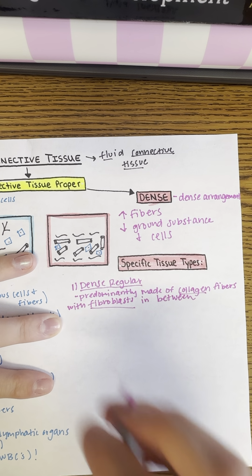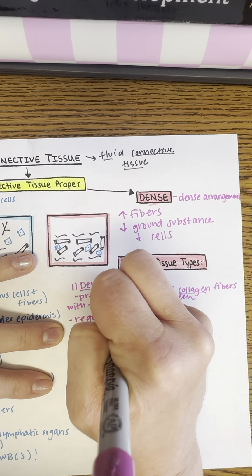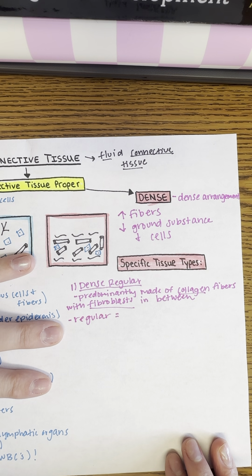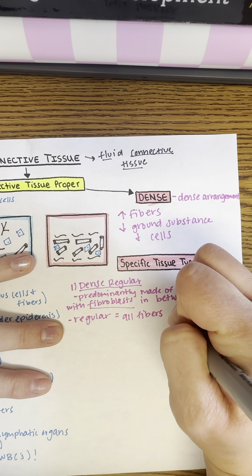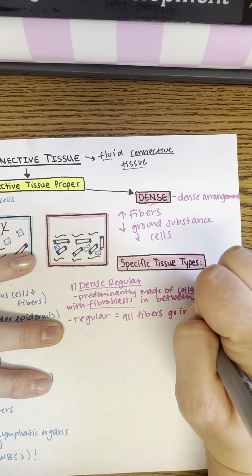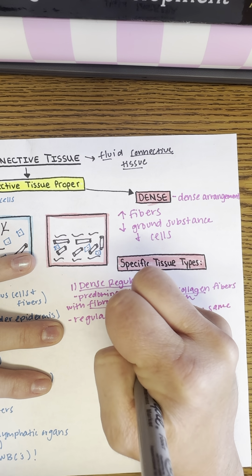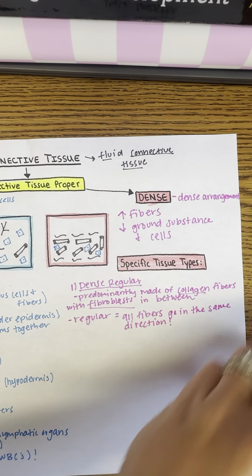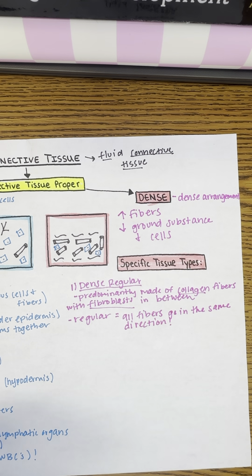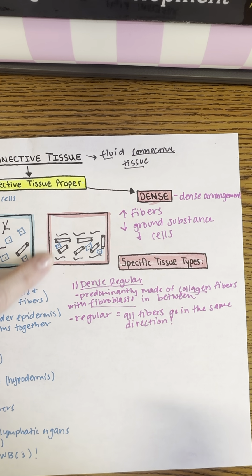All right, so the reason why it's called regular, regular means that all the fibers go in the same direction. So what we're going to do is draw a little example of how these fibers would be laid out. We're going to stick with our collagen, which are these larger fibers that we drew up here.